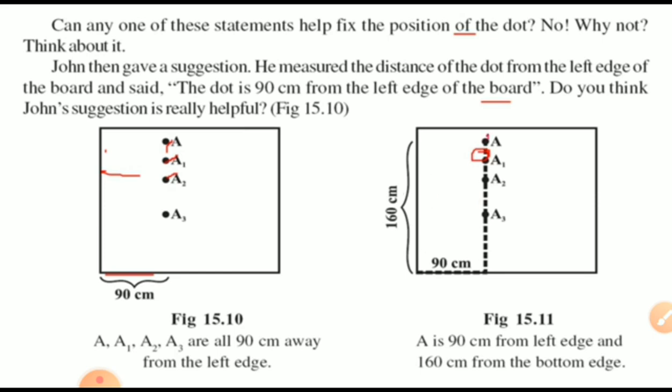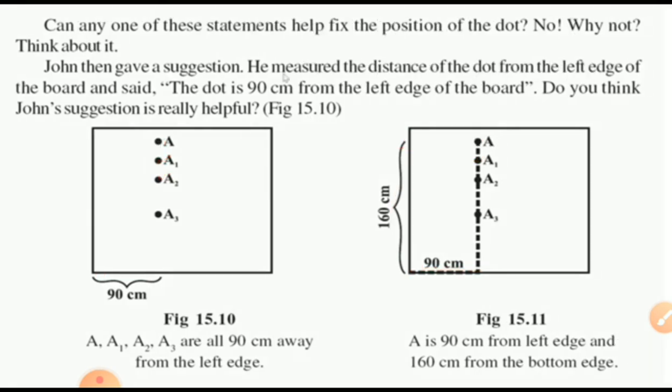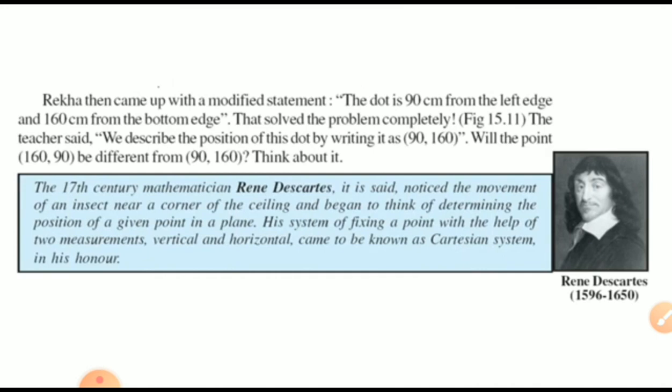A is 90 centimeters from the left edge and 160 centimeters from the bottom edge. So figure 15.11 is correct or nearby the correct answer. Is it better? Yes, my dear student. This is given. Rekha then came up with a modified statement.